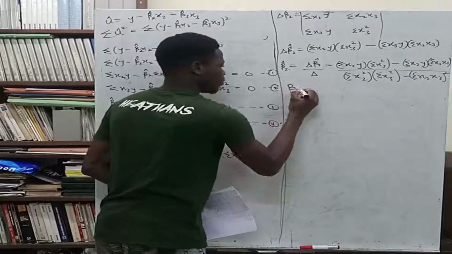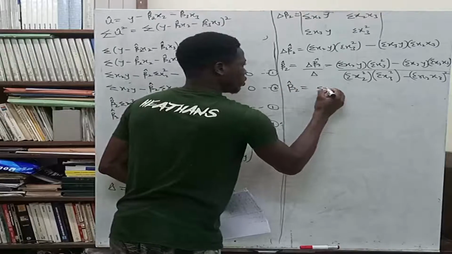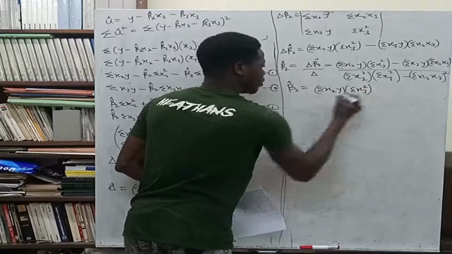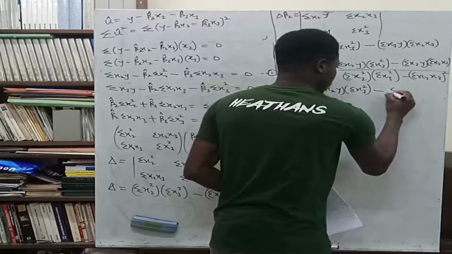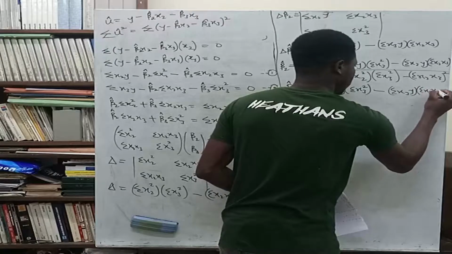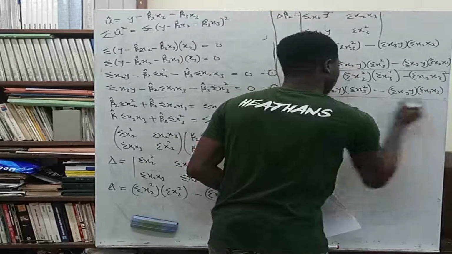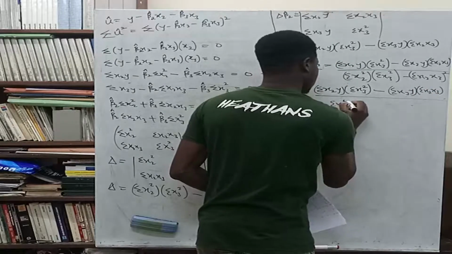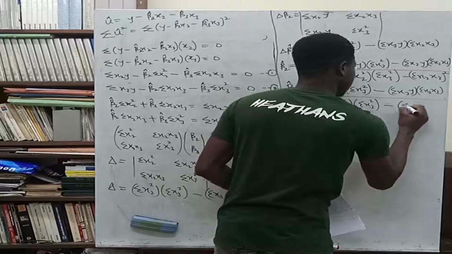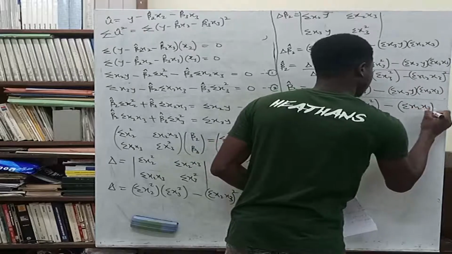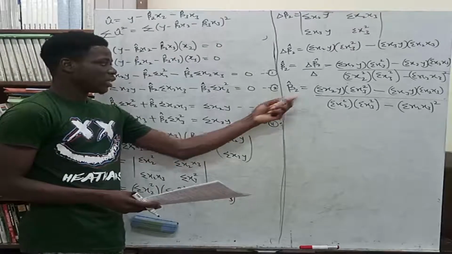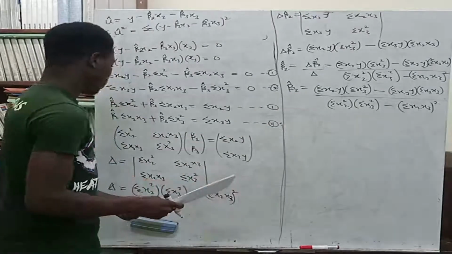So our beta 2 equals summation x2y, summation x3 squared minus summation x3y, summation x2 x3 all over summation x2 squared, summation x3 squared minus summation x2 x3 all squared. So that's the estimator of beta 2, and that's how we derive it.